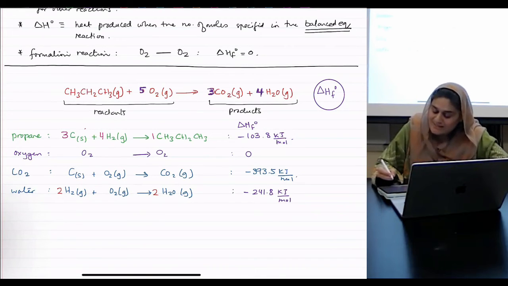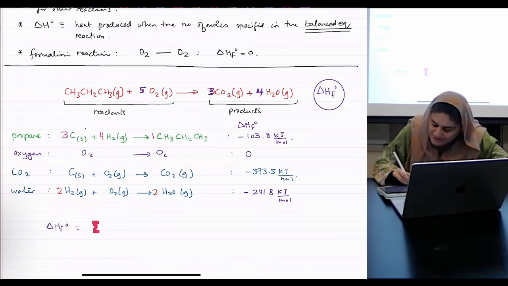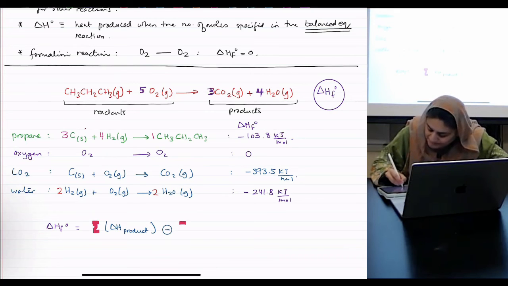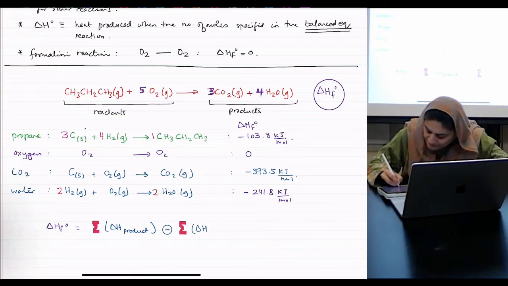So Hess's law says delta HF0 of the reaction that I am looking for is equal to the sum of the delta H's of the products minus the sum of the delta H's of the reactants at standard state.